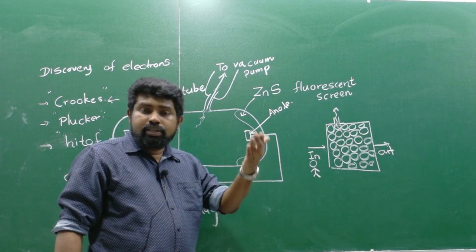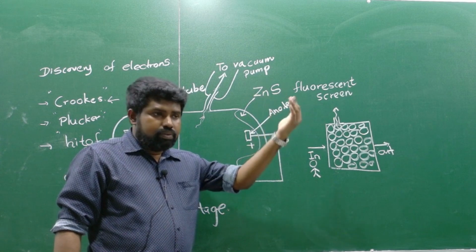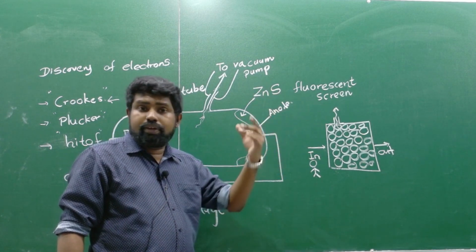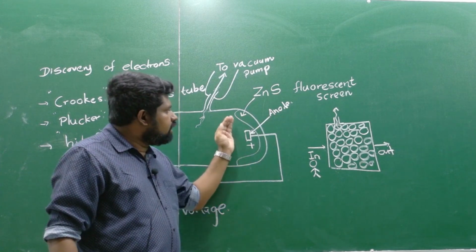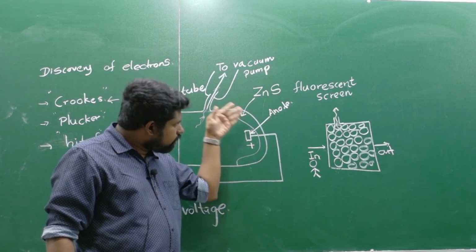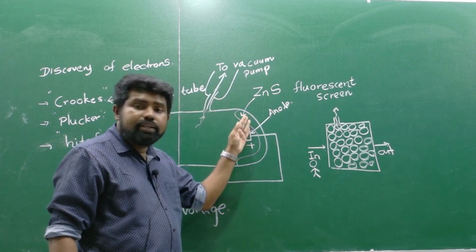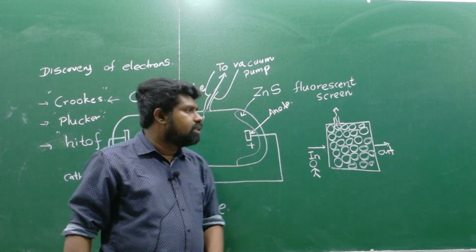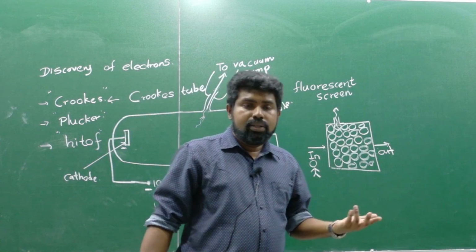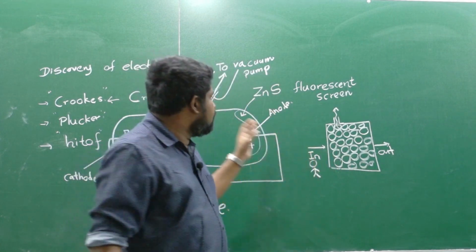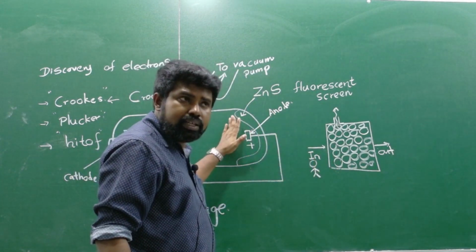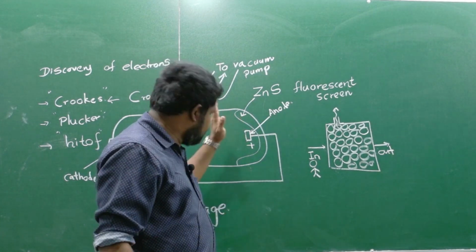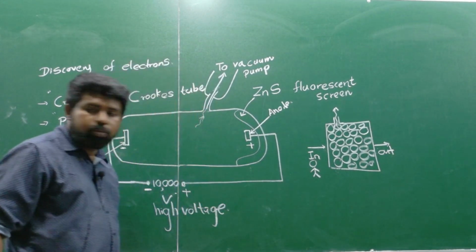Like the signboards in streets at night, they glow with different colors. When radiation collides with the fluorescent material, it glows, and different materials glow with different colors. Zinc sulfide generally shows a pale green glow. I will teach you that later, just know this for the moment.